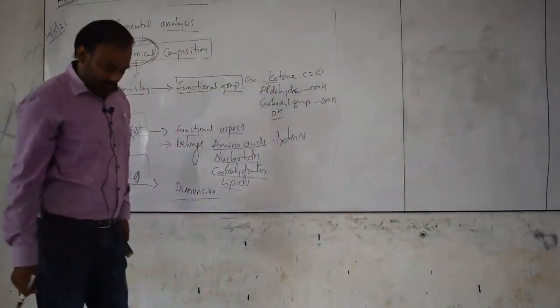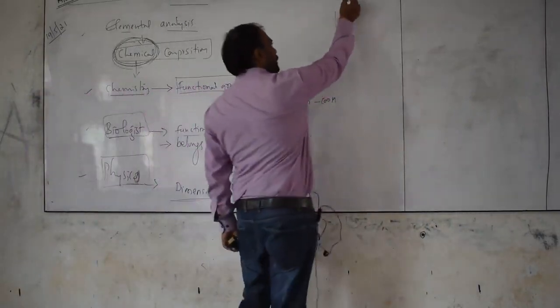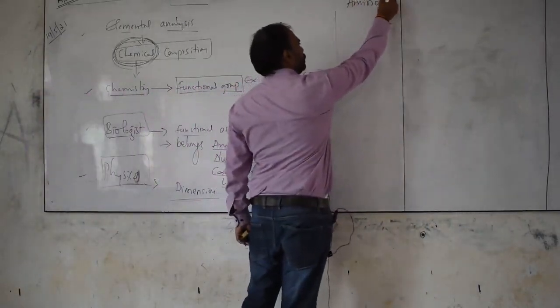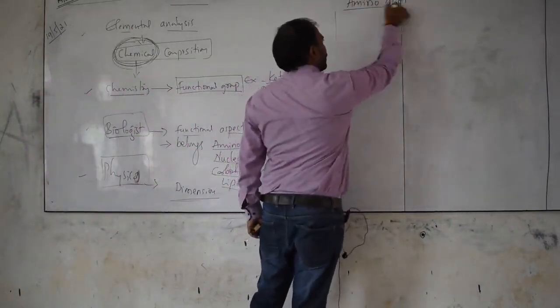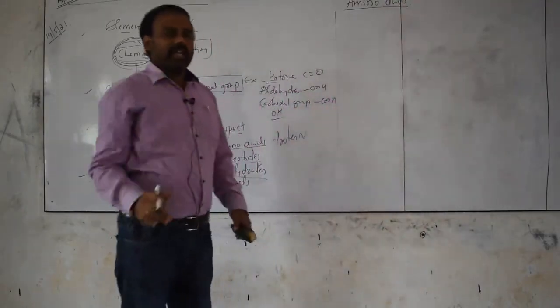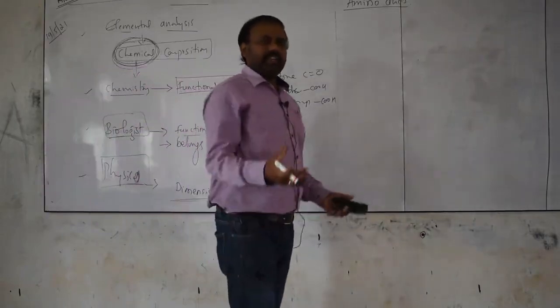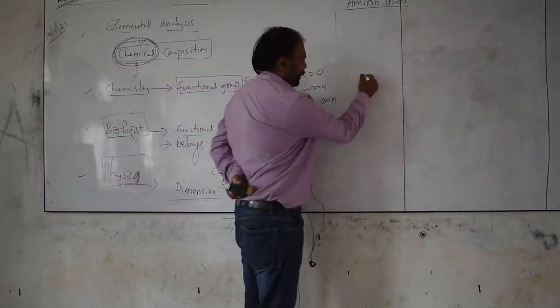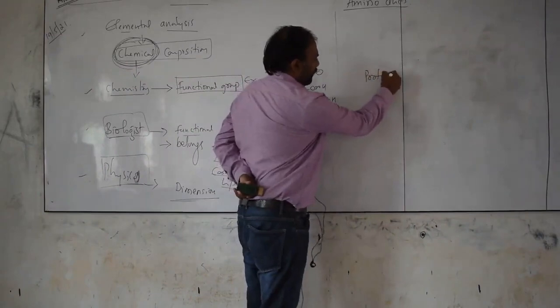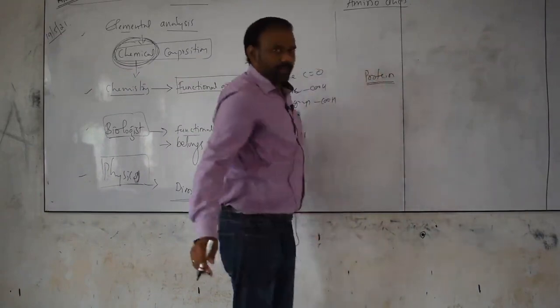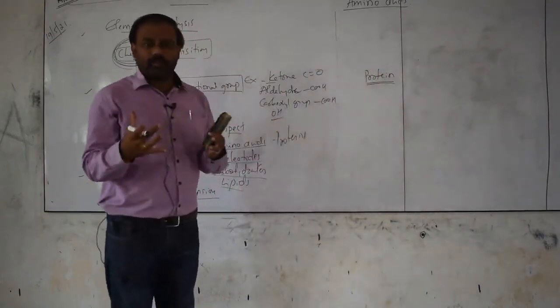At the same time, we will move on to the next one, that is amino acids. Next topic, a small topic, is amino acids. What are amino acids? Very simple. When we have a protein molecule, we can call it a complex food molecule.